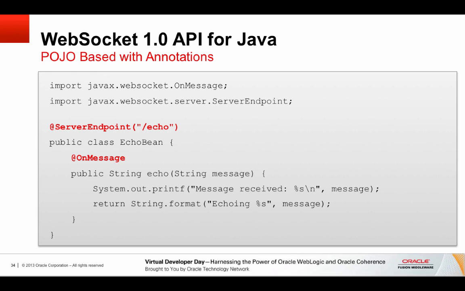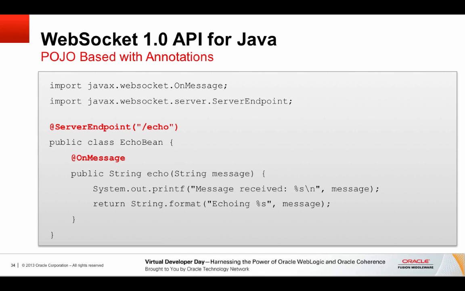Here's a brief example of a WebSocket, very simple, your typical echo hello world style example. As you can see, it's just a plain old Java class that is annotated with an annotation @ServerEndpoint, which defines the URI by which this WebSocket can be accessed. I've then defined a method which I've annotated with @OnMessage. That method takes in a string message, and in this case it's returning a string.